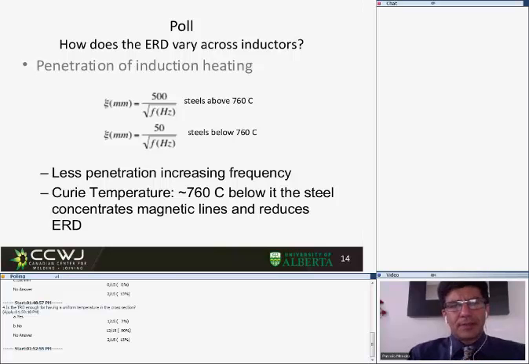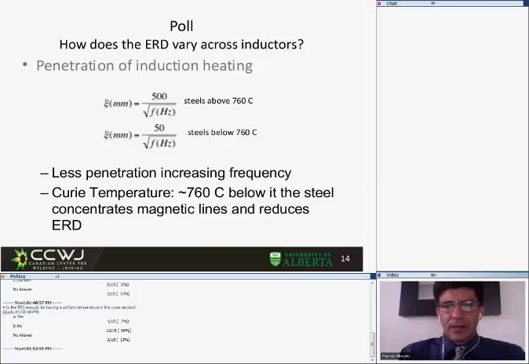How does the electrical reference depth vary across inductors? So we have the first, the second, the third, fourth, however many inductors. Is the electrical reference depth smaller at the beginning and bigger at the end? Is it the opposite? Is it bigger at the beginning and smaller at the end? Is it more or less the same for all inductors? Let's see.